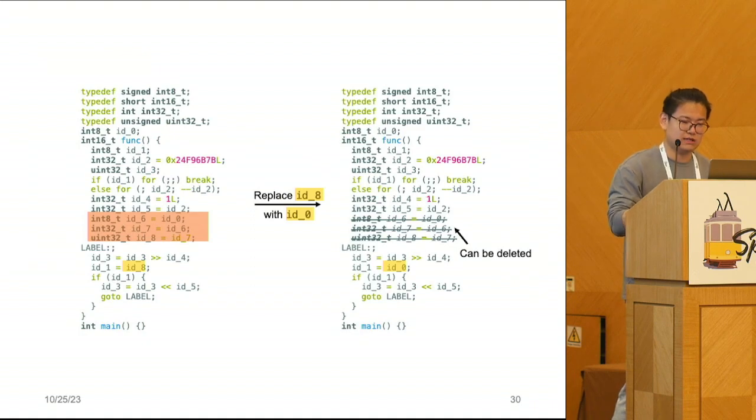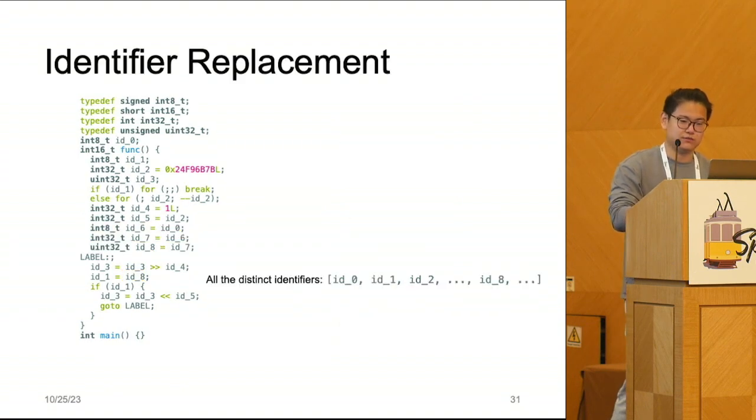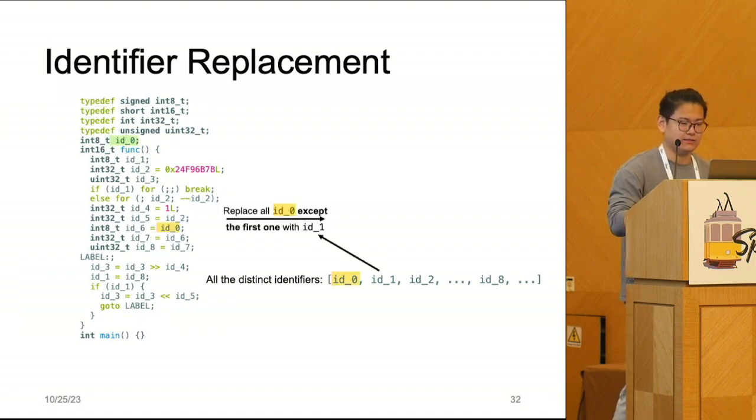So recall that in the previous example, we successfully removed more code by replacing an identifier with another identifier in the program. Therefore, we propose an auxiliary reducer to perform identifier replacement. So this reducer will first extract all the distinct identifiers in the program. And then it will choose an identifier, for example, ID 0, and try to replace all the ID 0 except the first one with another identifier in the program.